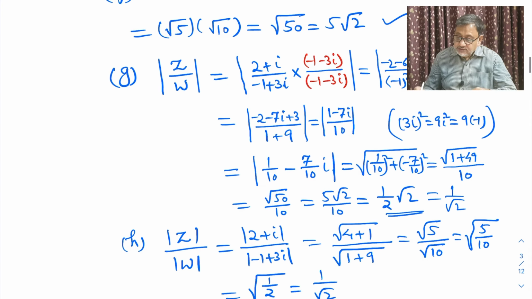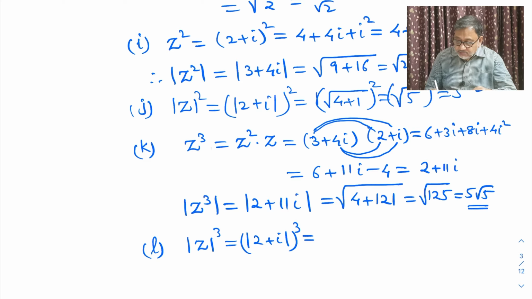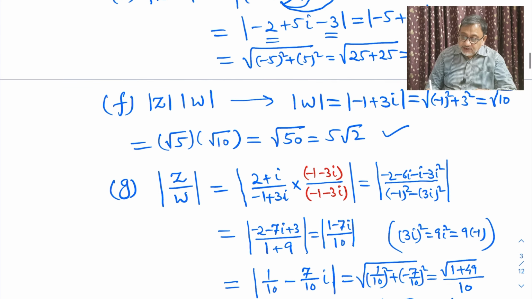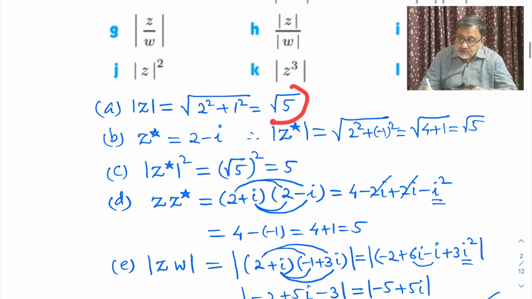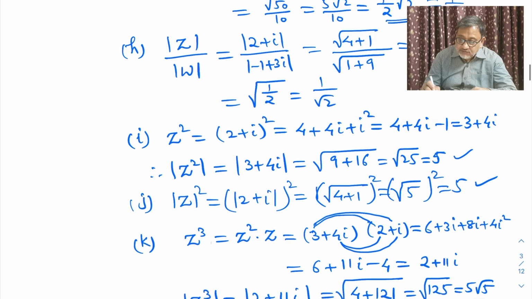Okay. K, then l, modulus of z cube. So first find the modulus of z and then find cube of that. Like this. Modulus of z means modulus of 2 plus i and then bracket cube. So we already have the modulus of z, look here, modulus of z we have already found, which is square root of 5.